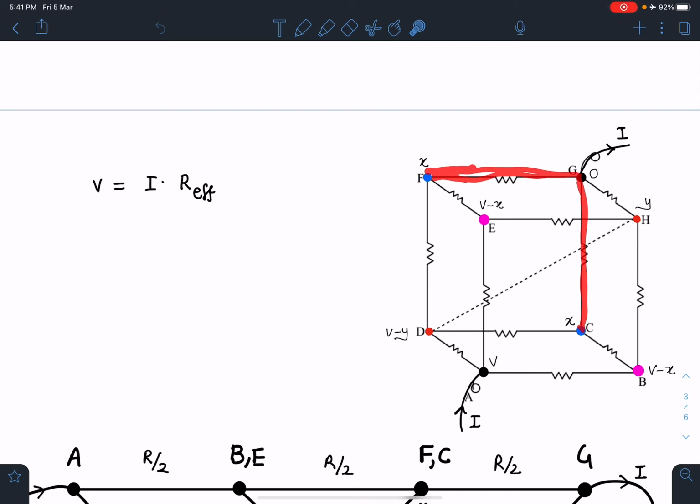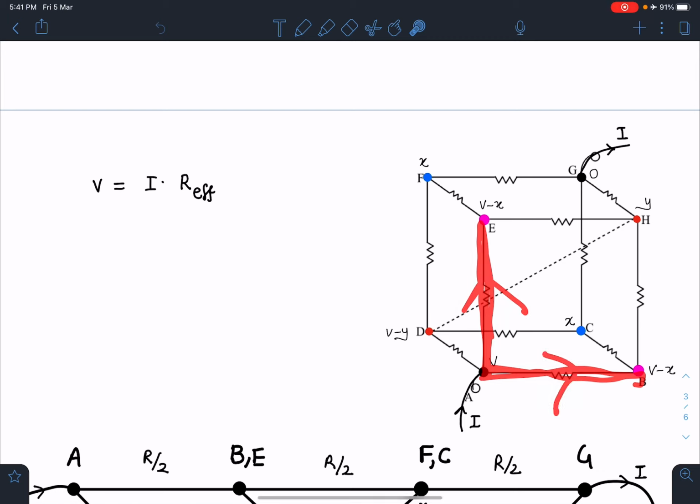The potential difference across this and across this is going to be the same, or in terms of current, you can say the current in this branch and the current in this branch is going to be the same. Similarly, the way it was happening there, it is going to happen at this point also. Whatever way current is going in this branch, the same way current will be going in this branch.